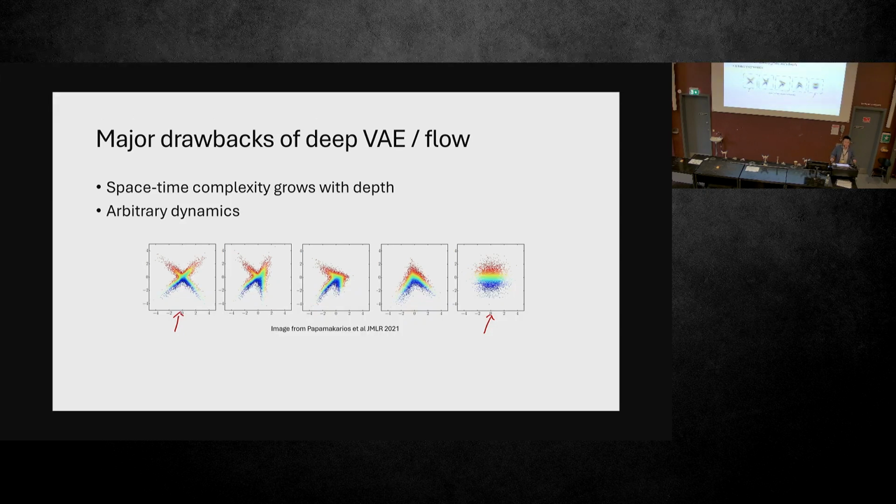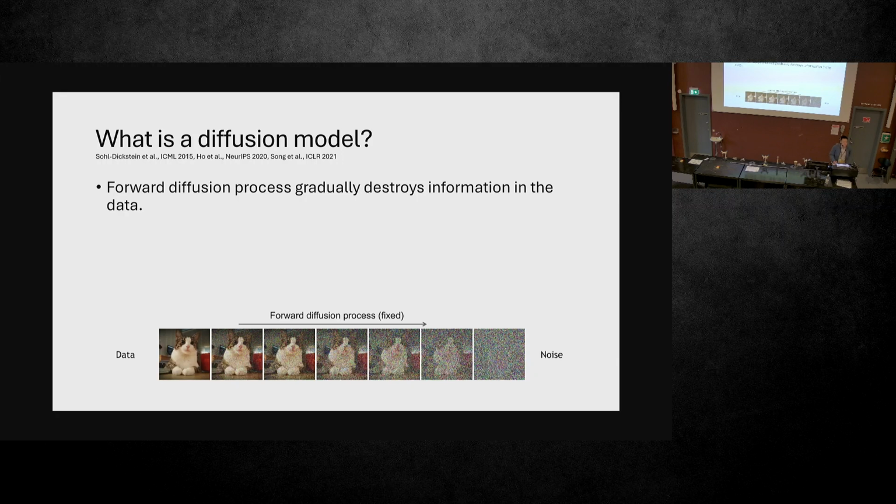And diffusion-based models tackle these two big problems of a very deep VAE or deep normalizing flows, by saying that we don't have this linear time complexity, and also it has a fixed dynamics for transformation. All right, so what is a diffusion-based model?